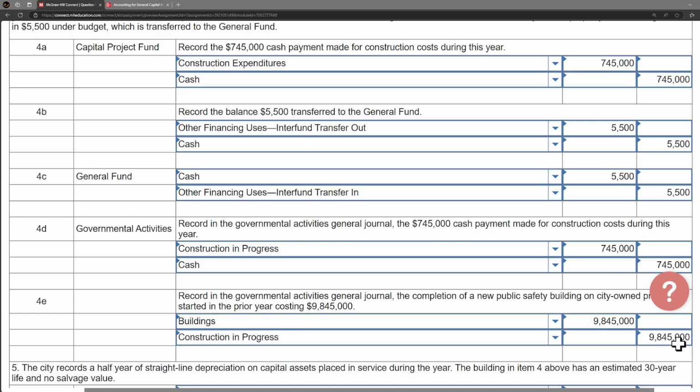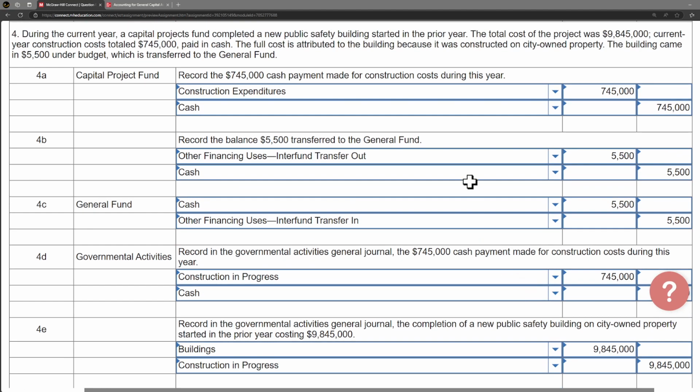And since we've completed it, the completion of the new safety building, we're going to go ahead and convert that whole construction in progress into a new asset. So we record this year's amount that we built. And then because it's completed, we complete the final building, complete the final construction into a new asset.